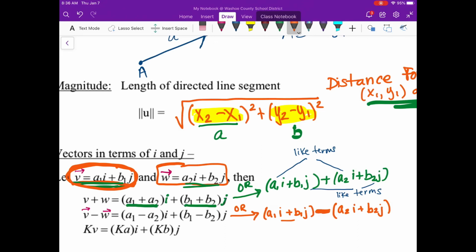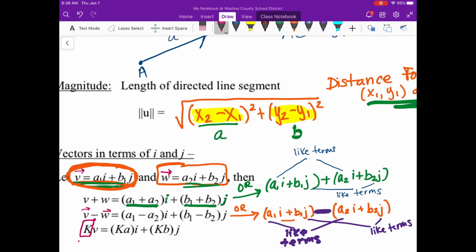With subtracting, we just have to make sure that we're careful with this negative, the minus, that we distribute that through before we combine like terms. But once I have that done, then I will look at my a's and know that these are like terms. And then I have my b's, and those would also be like terms. And then I would simplify. Again, just be careful with that minus. Make sure you are distributing out to everything.